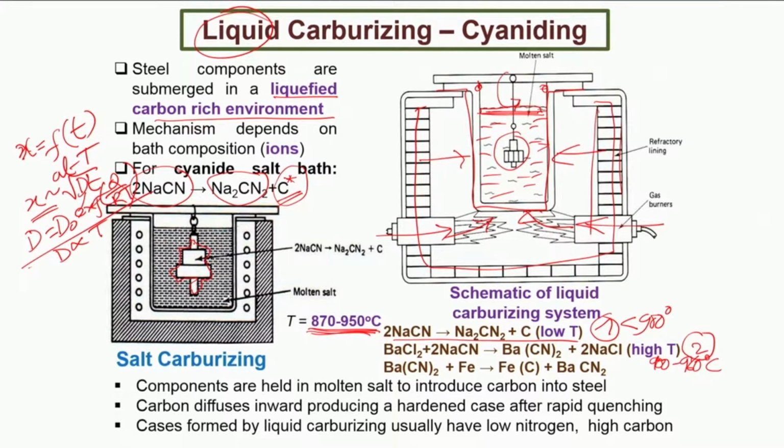Iron has very high affinity for oxygen at high temperature, so it can always form a very thin layer of oxide, and that does create problems if this oxide layer is not so thin or happens to be a little adherent.